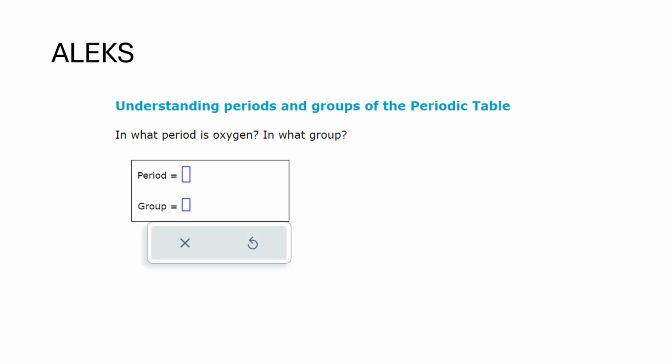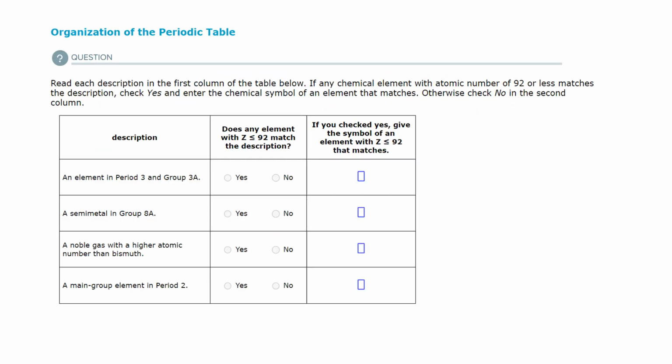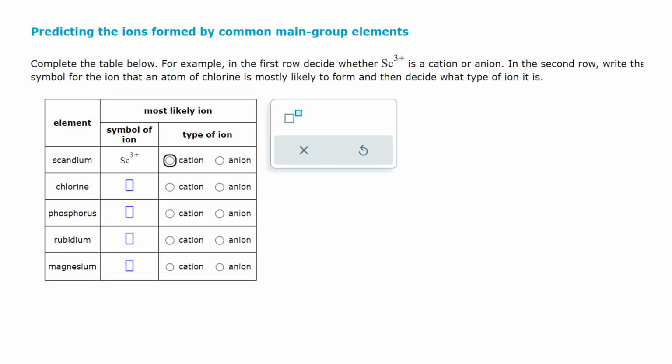Here, we'll do one, Alex. Oxygen is in period 2, group 6A or 16. Now, these here, again, practice on ALEKS. I'll do one of these here.